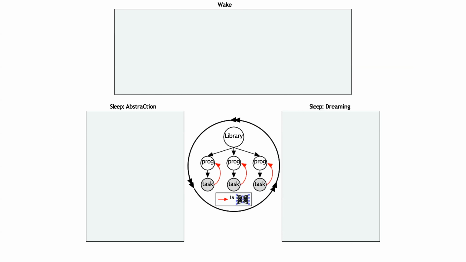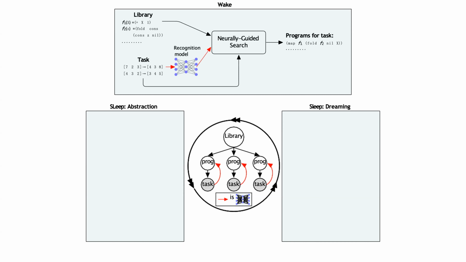So just to give you a very high-level overview of these 3 different stages that we talked about, and I can't go into too much detail. You'll have to read the paper. But this is the first phase where you are awake, you're writing programs. So you have a library, you have a task, or in general, you have a set of tasks, but you are sampling a task.